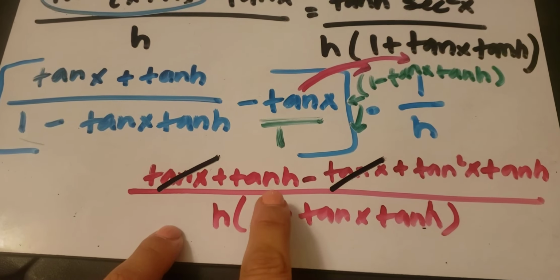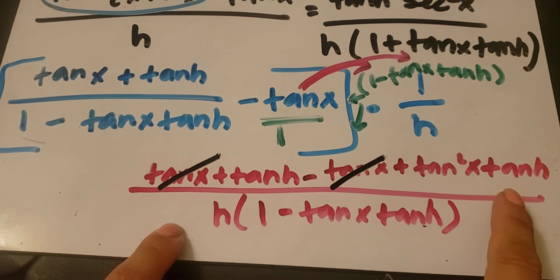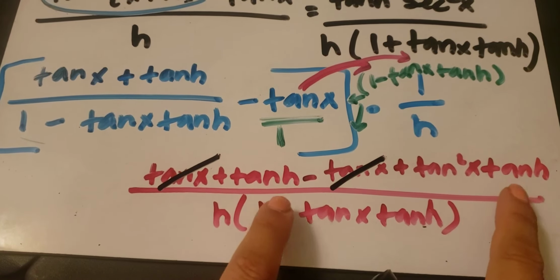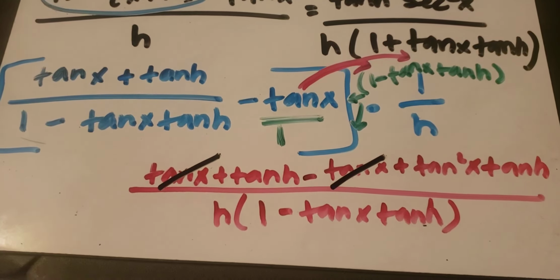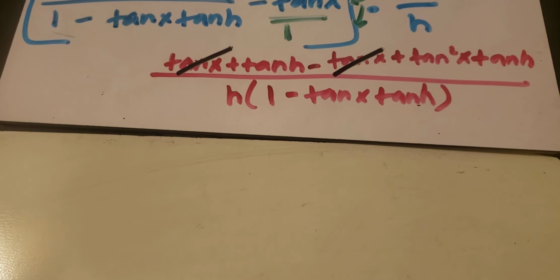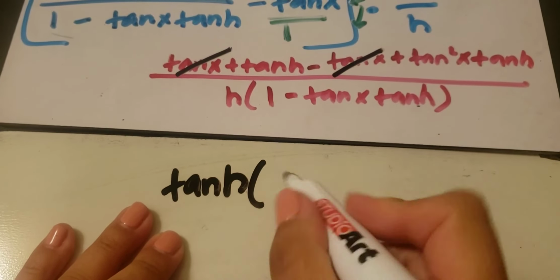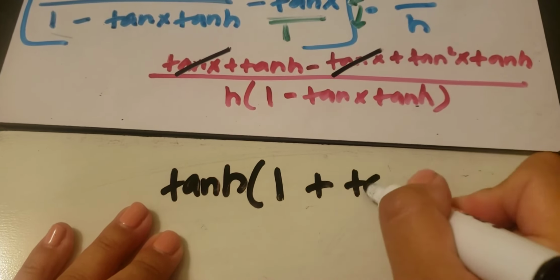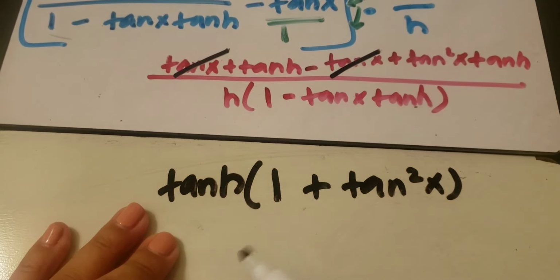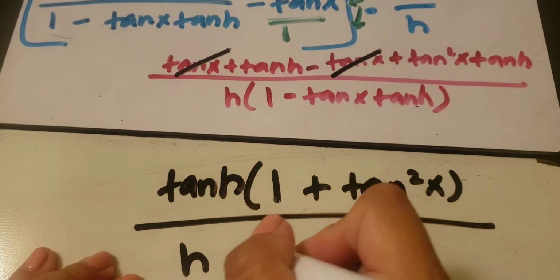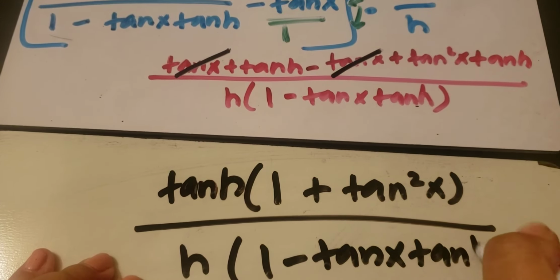Now I'm left with tangent of h plus tangent squared of x times tangent of h, so I can factor out a tangent of h. I'm running out of room, so let me grab a separate whiteboard. Here we go. I'm going to factor out a tangent of h, and I end up with 1 plus tangent squared of x, all over h times 1 minus tangent of x times tangent of h.